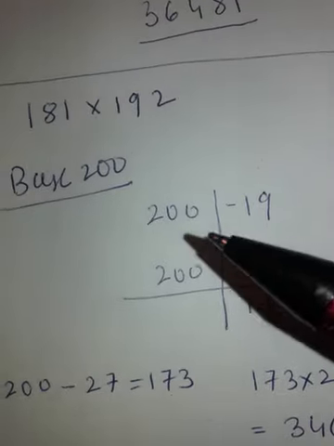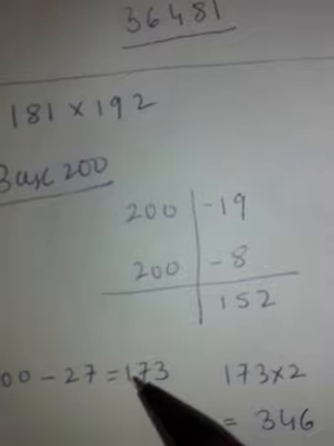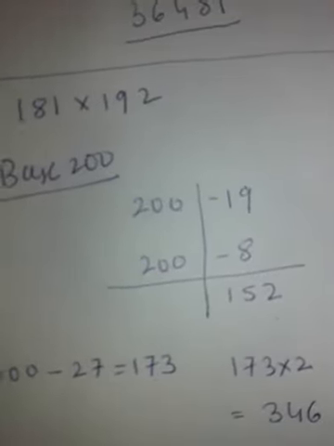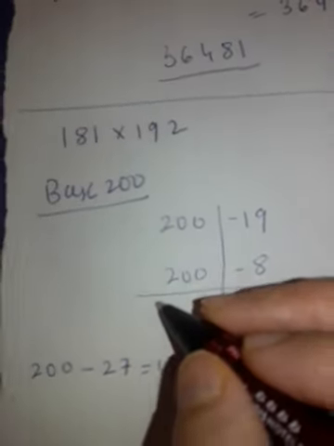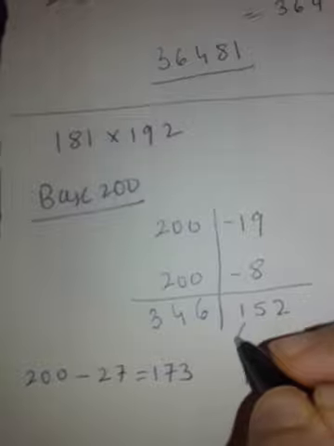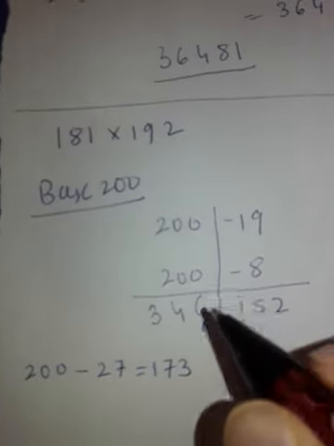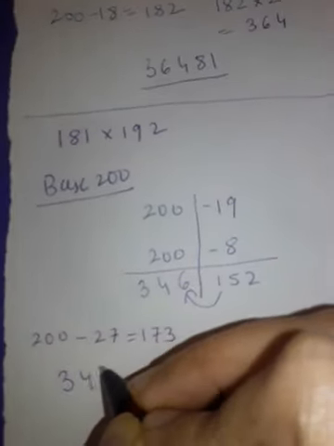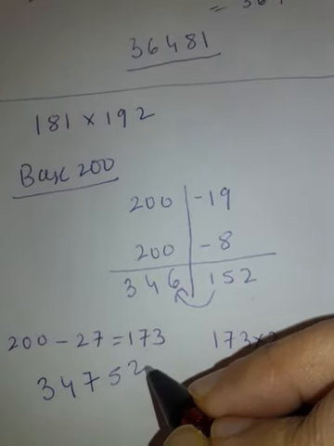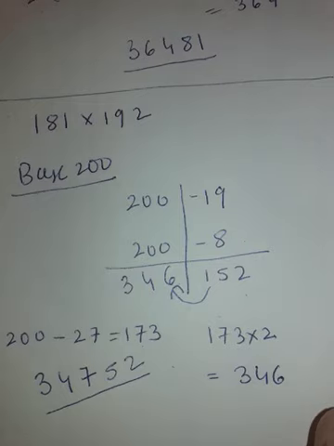What is the next step? Since base is 200, I will multiply 173 by 2. 173 into 2 is 346. So I will copy here 346. Since this is 3 digit, I have to take 1 here. So this becomes 3, 4, 7 and 5, 2 as it is. So that's your answer.